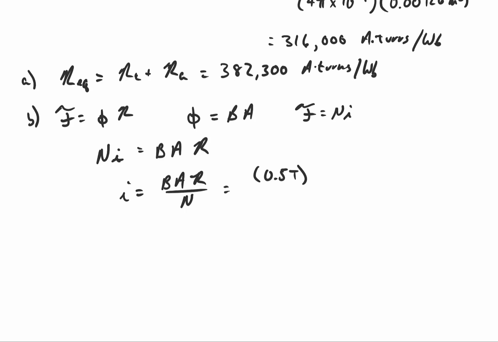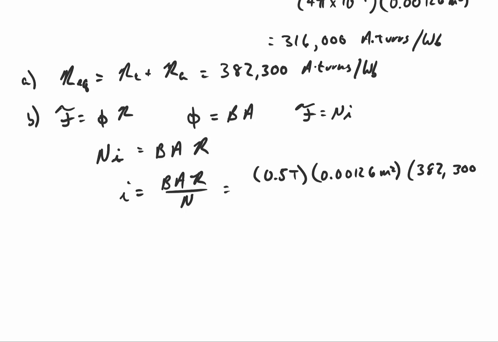0.5 Tesla times the cross-sectional area where I want that 0.5 Tesla, which is in the air gap. So I use my adjusted for fringing cross-sectional area times the reluctance. This is the total reluctance, 382,300.